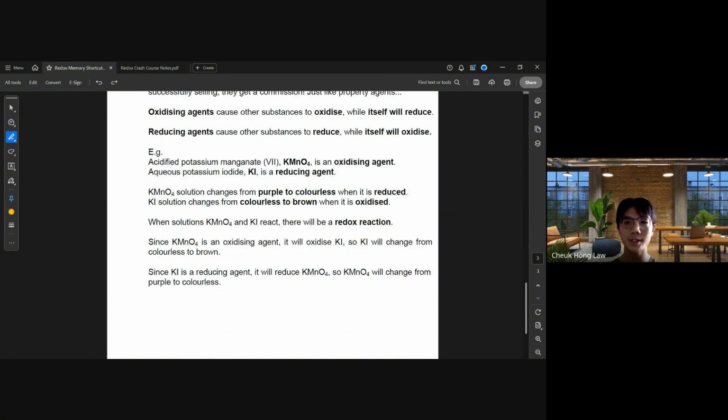So when the solutions KMnO4 and KI react, when the oxidizing agent and reducing agent react, there will be a redox reaction. Both oxidation and reduction will occur. Since KMnO4 is an oxidizing agent, it will oxidize KI, so KI will change from colorless to brown because it is being oxidized.